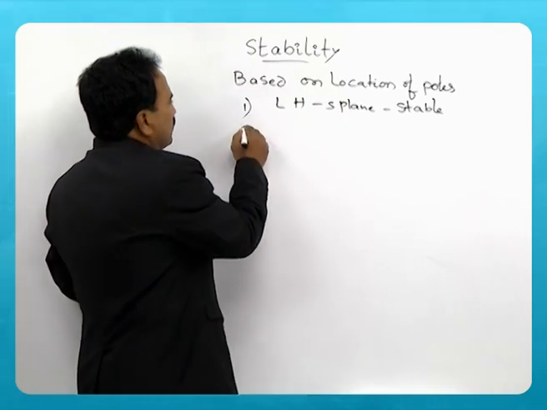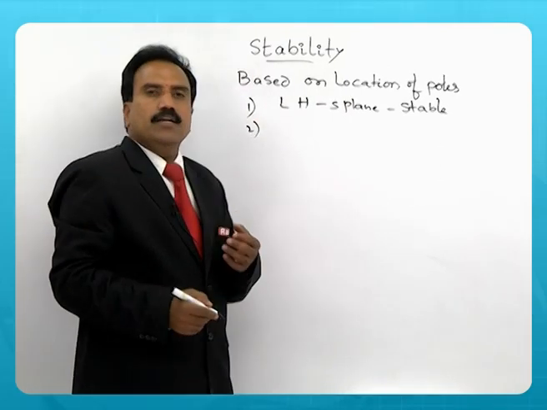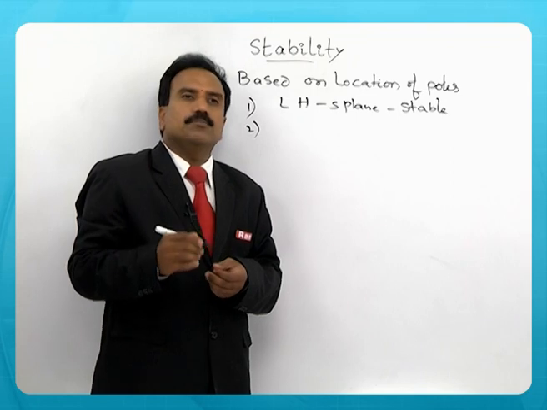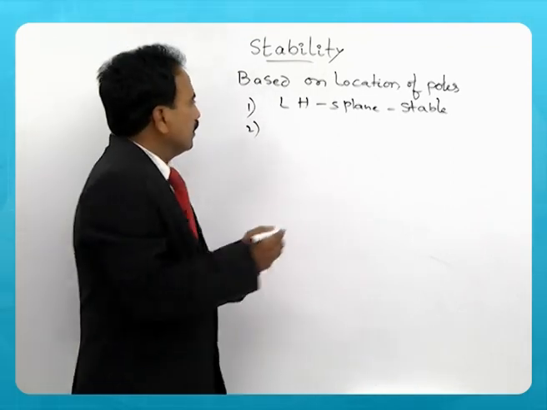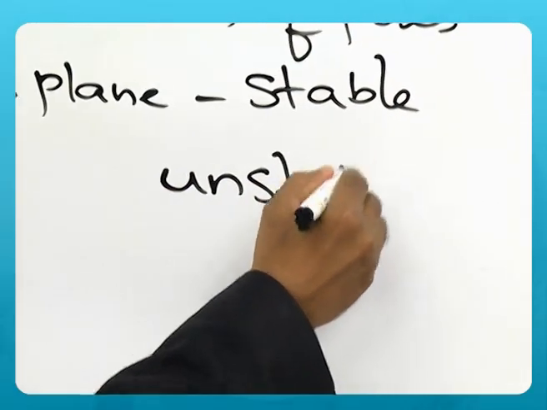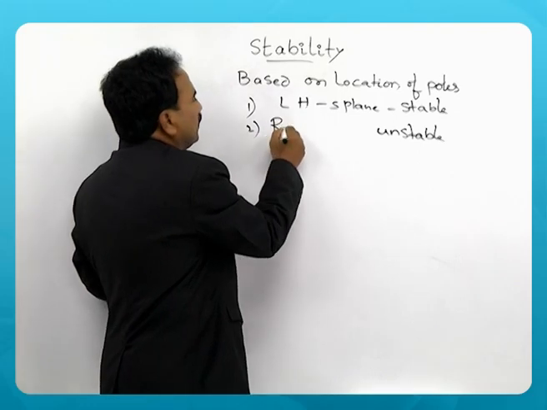And second, if any repeated roots or repeated poles lie on the j omega axis, then the system is unstable.